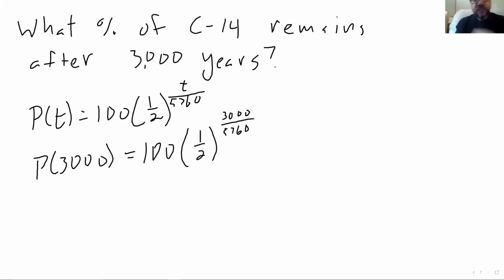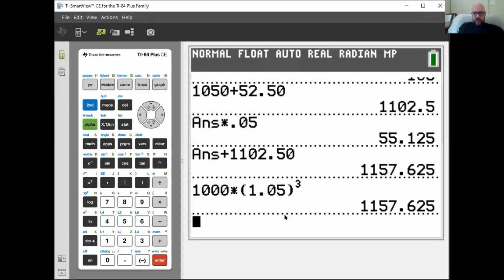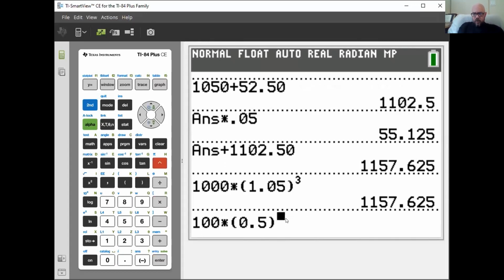It's problems like this that were why I was saying you really need a calculator. This is not a thing you can do in your head. So let's go pop into the calculator and do that. So I'm going to do 100 times 0.5 to the power of, let's put this in parentheses, 3,000 over 5760.